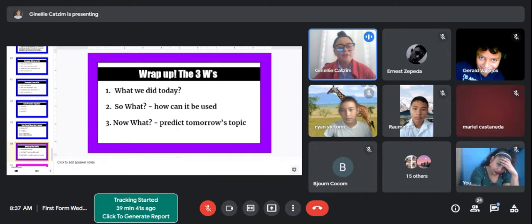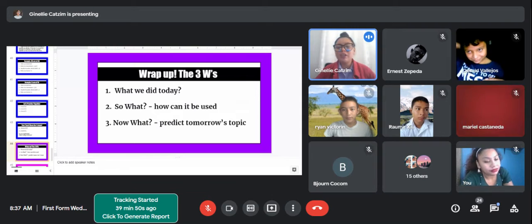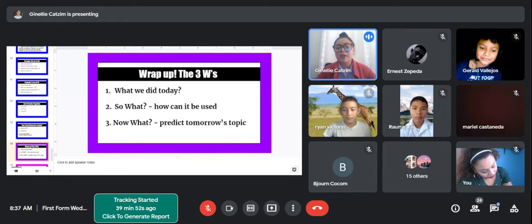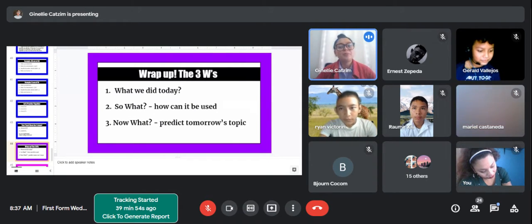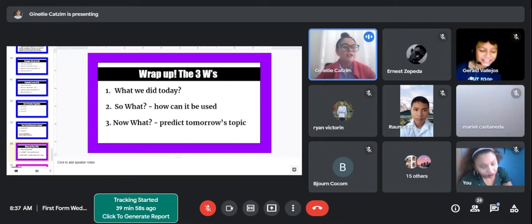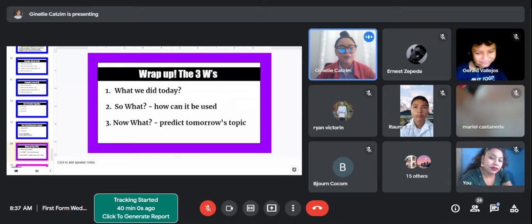Word problems are real life scenarios, right? That's just what I asked you. How can it be used in real life? So word problems will help you to connect it to the real world. So tomorrow we will be doing word problems expressing a fraction, an amount as a fraction of another.